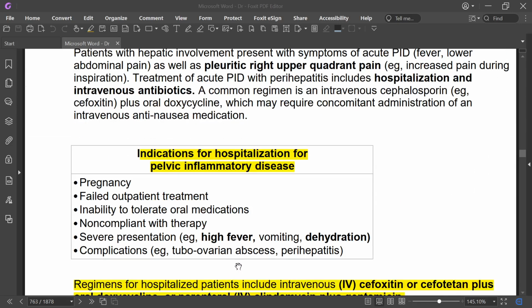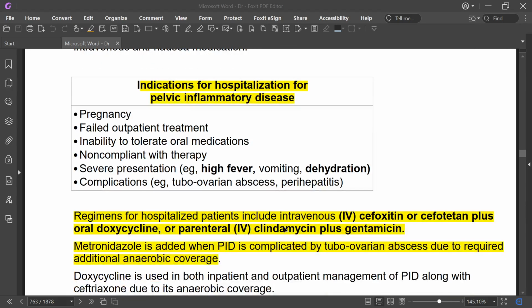Indications for hospitalization: if she is pregnant, failed outpatient management, inability to tolerate oral medication, non-compliance with therapy, severe presentation like high fever, vomiting and dehydration, and the complication of ovarian abscess.